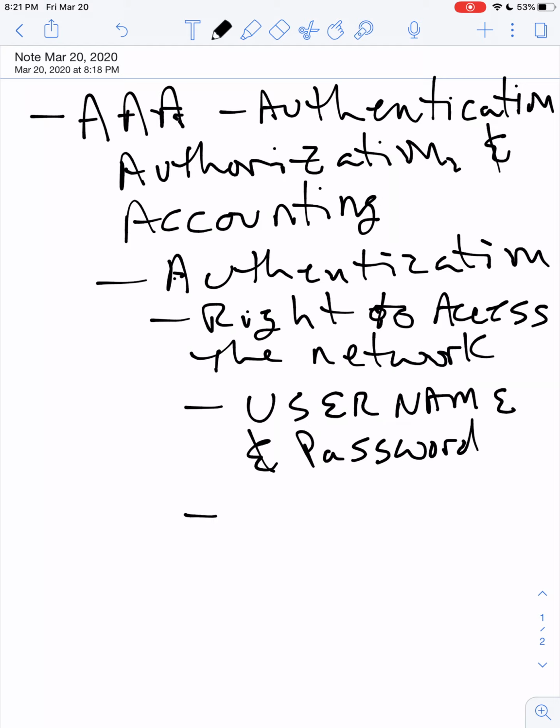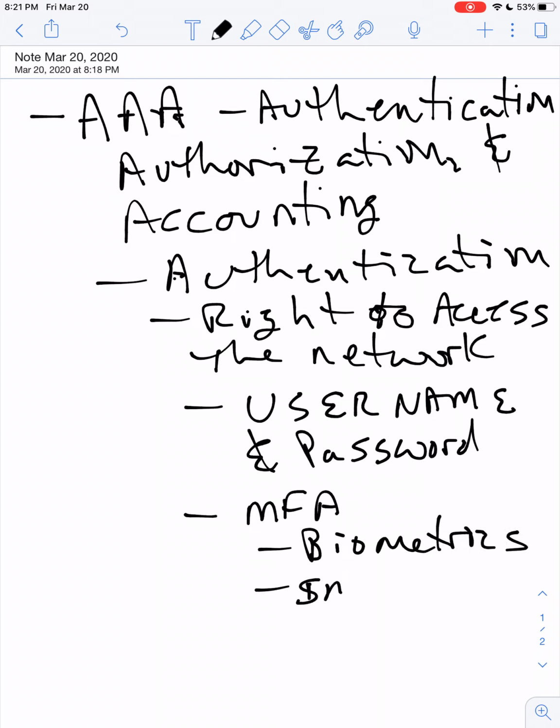We also can add multi-factor authentication, which would include biometrics, smart cards, this is something you are, something you have, tokens and certifications, etc.